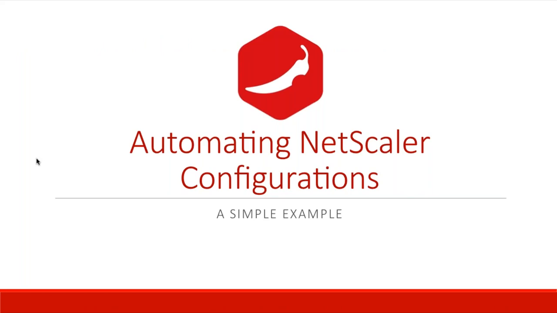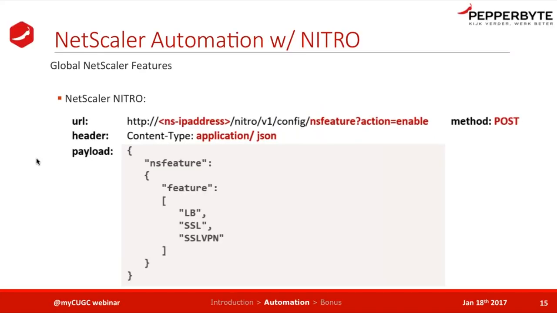But let's get into some more fun, and let me introduce you to some of the automation configurations that I've been working on. And I thought it would be a lot of fun to start with a simple example. As I've shown before, to make a call to NITRO to enable some NetScaler features, I need to provide this information to make that call.